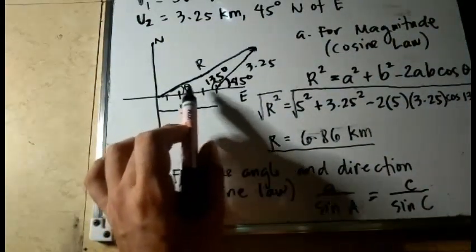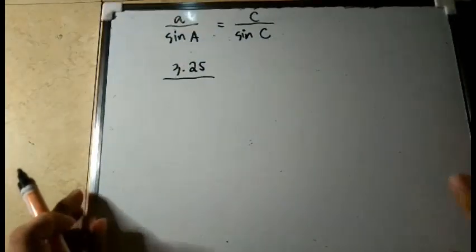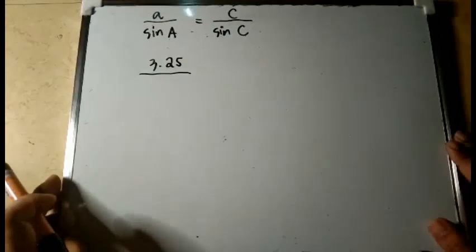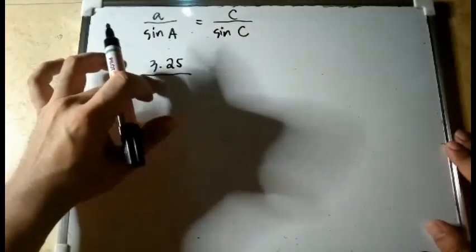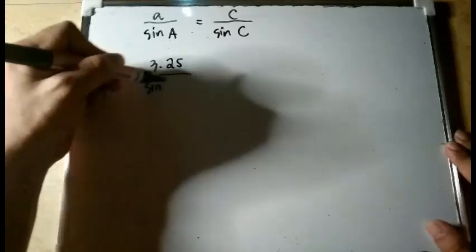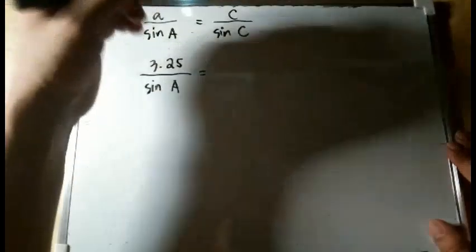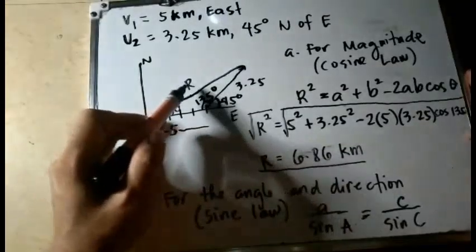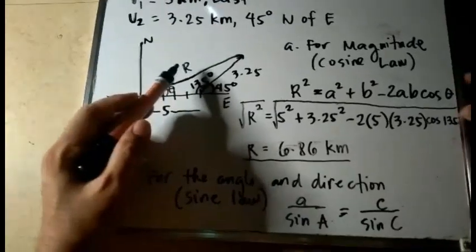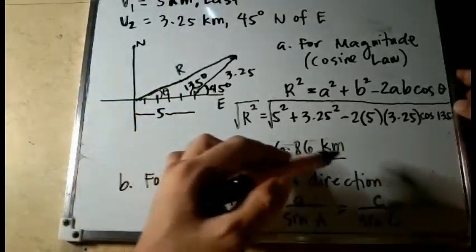So itong theta natin, pagpalagay natin na siya yung A, okay? Okay, so we have 3.25 over sine A is equal to C. So yung C natin is yung R, yung 6.86 kilometer, din yung opposite angle niya is 135.